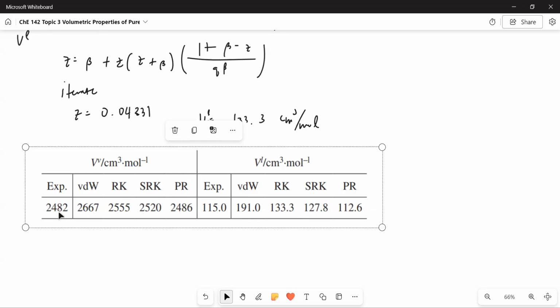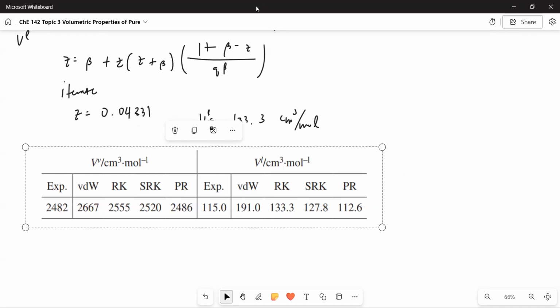The nearest answer to the experimental value is Peng-Robinson, for both the vapor-like and the liquid-like. So it's the most accurate. Van der Waals is quite far. I guess the most complicated equation of state would give the most accurate answer in this case.